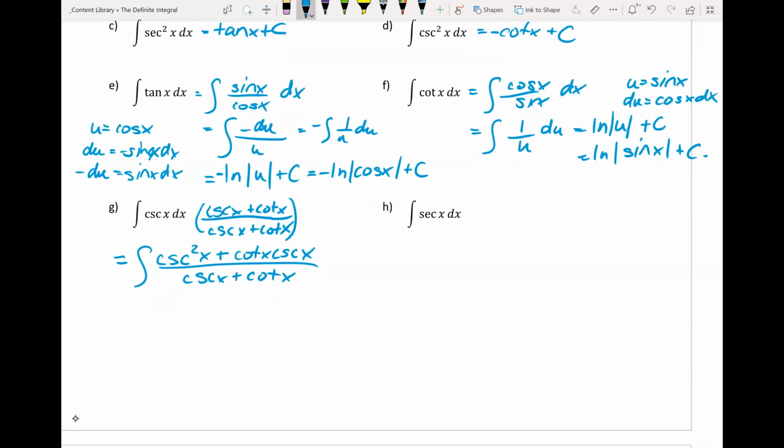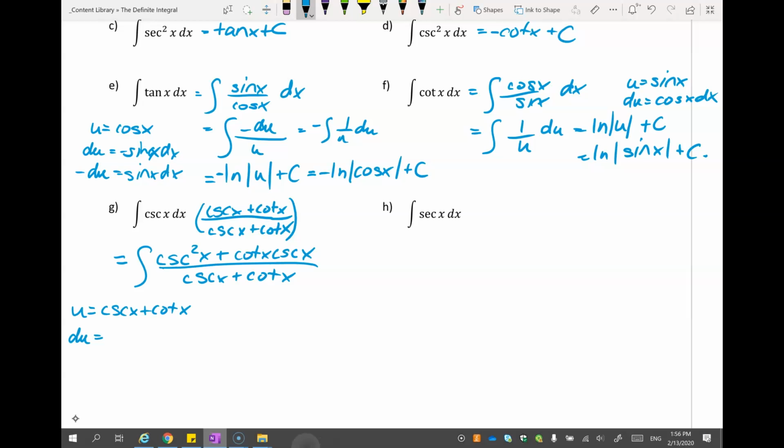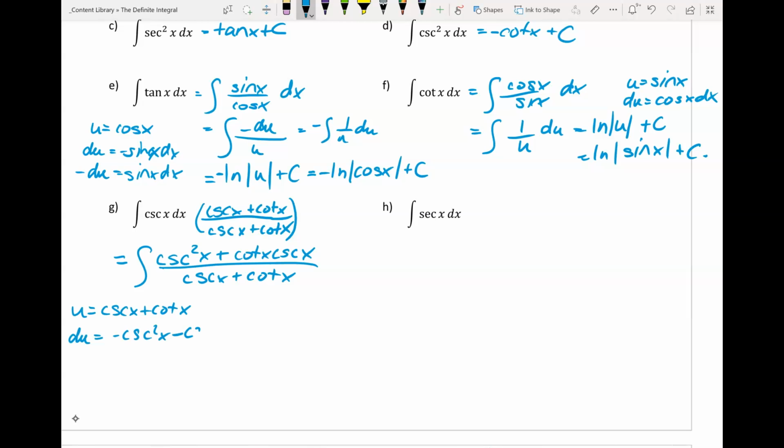If I let my u be our denominator, we will get a variation of our derivative of that. So if we let u be cosecant x plus cotangent x, if I take the derivative of cosecant x, I'm going to get back negative cosecant x cotangent x, and the derivative of cotangent x is negative cosecant squared x.